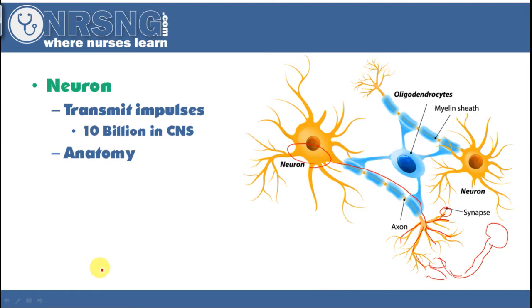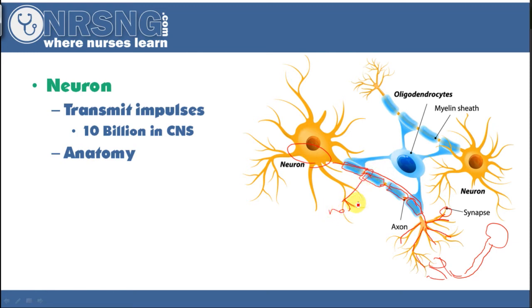So that's the basic anatomy of a neuron, and then the axon is lined with this myelin sheath. What the myelin sheath does is it plays a role in allowing the transmission to travel faster. It allows the impulse to jump the little node of Ranvier.